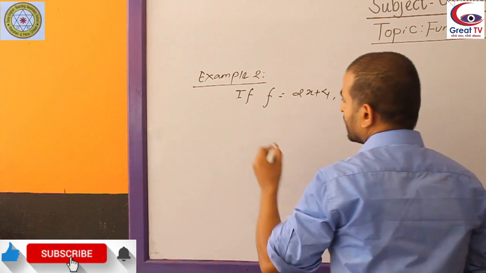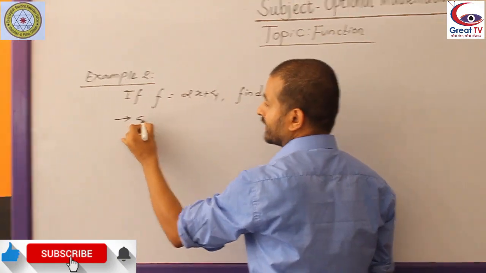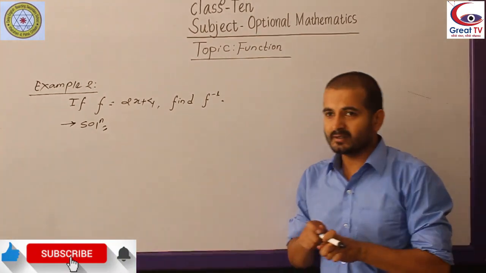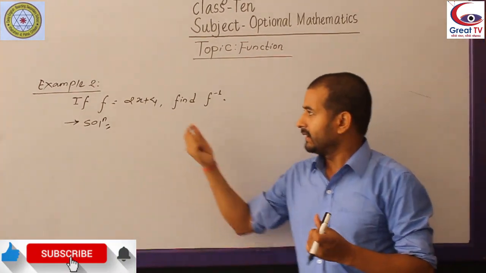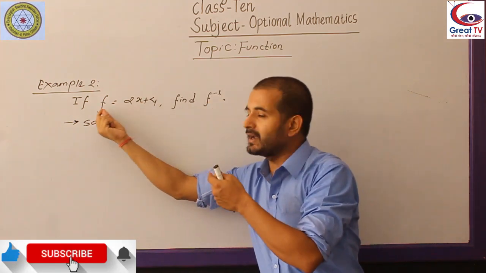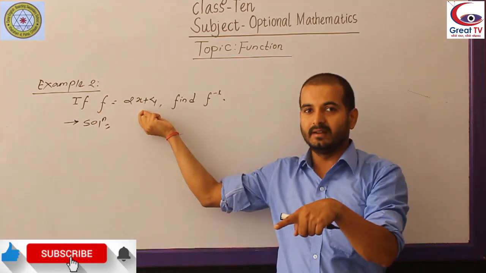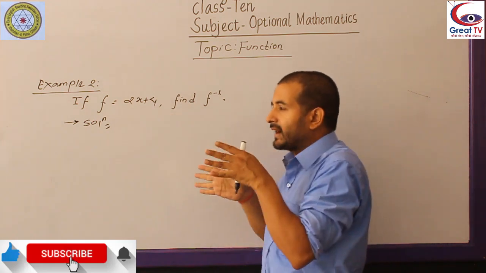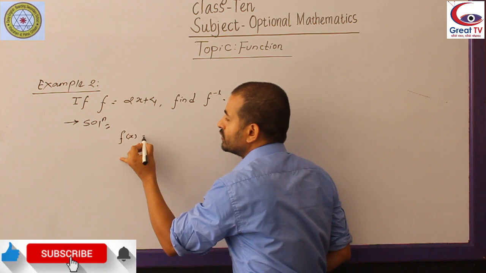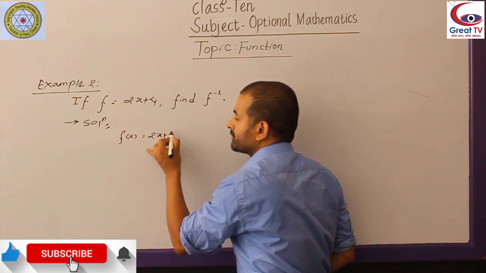So now what we have to do here is the solution. To get the inverse, do not forget one thing: A to B means B to A is the inverse. So x to y means y to x is the inverse. Remember? Now I am writing the solution. f(x) equals 2x plus 4.